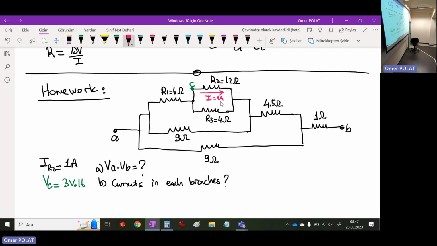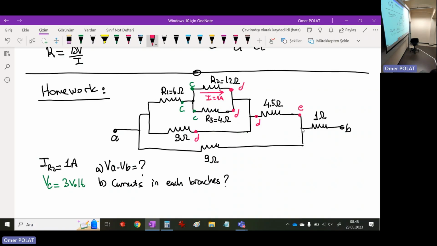In this case, what is the potential difference between 2 points, A and B? Let's calculate the potential difference first here on the resistor. I will mark this point as D. This is B. This is also C, same potential. This is C. This is D. As you see, this is the free cable, so this potential is the same as this potential. Also, this potential is the same, D. But this potential, because we pass through the resistor, will be different.